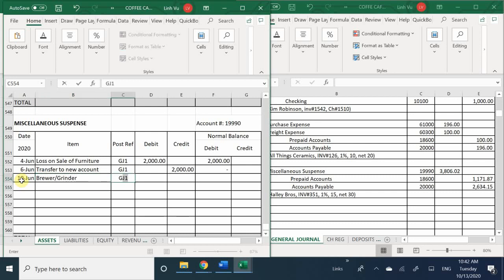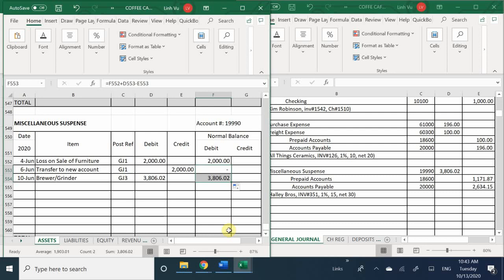And I'm going to go ahead and write general journal number 3. And I'm going to increase it by the grand total of $3,806.02. Right? All right? And then if you have your formula, it should say that now your miscellaneous expense should be outstanding for the $3,806.02. Okay?